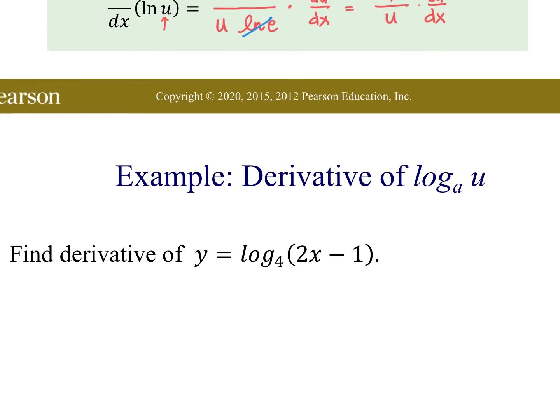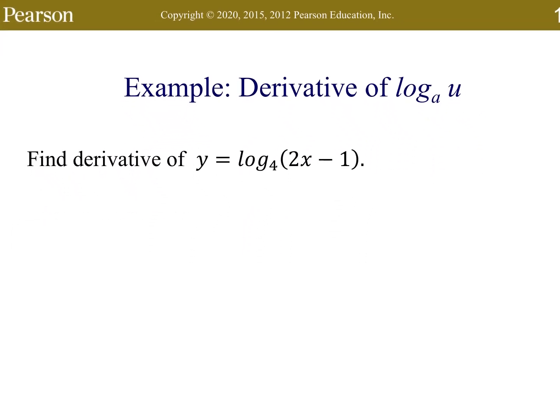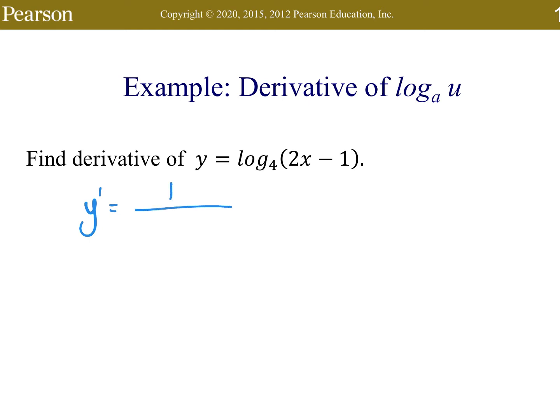Let's try it with some other logarithms. Find the derivative of a logarithm in the base of 4. So we'll start with y prime. Because it is a logarithmic derivative, we start with a fraction. Into the denominator is going to go the u function, which is what's here in the parentheses.